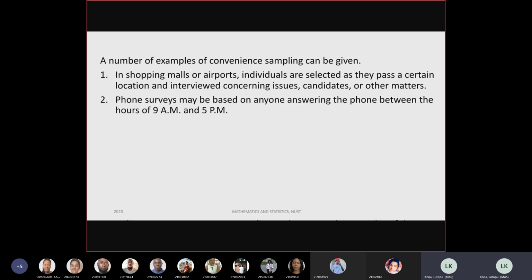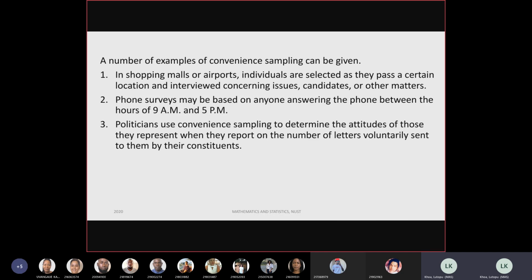Then politicians use convenience sampling to determine the attitudes of those they represent when they report on the number of letters voluntarily sent to them by their constituents. People are campaigning, they send out various letters: vote for me, what do you think about my political stance?